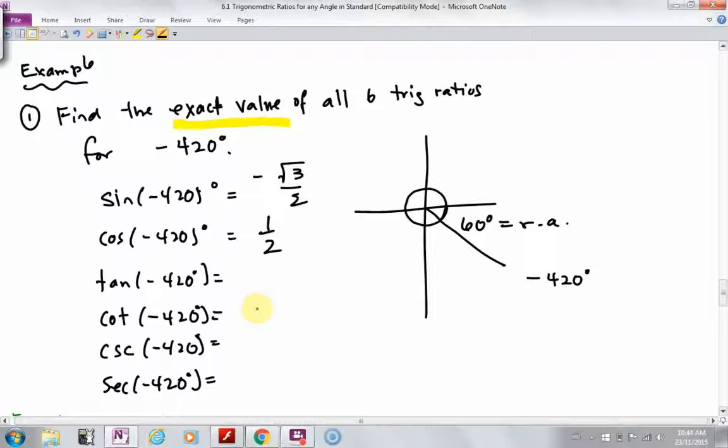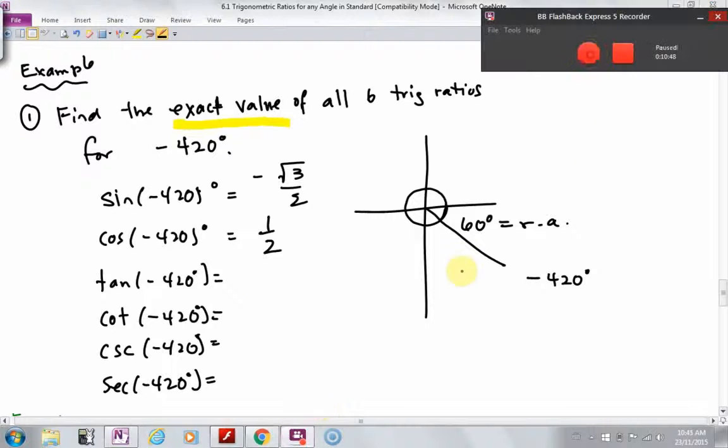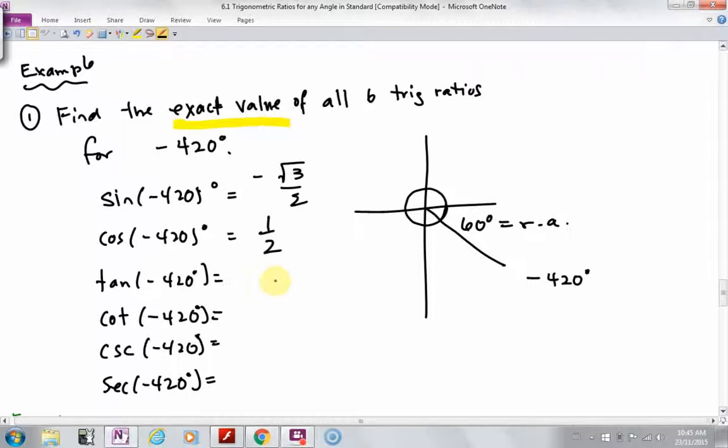Okay? So let's complete the rest. Okay, so tan of negative 420, what do you get for that one? Aaron? Negative root 3, correct. Negative root 3, okay? Now, cotan of negative 420, all you have to do is take the reciprocal of tan.